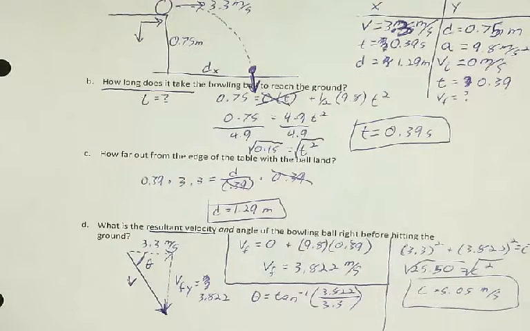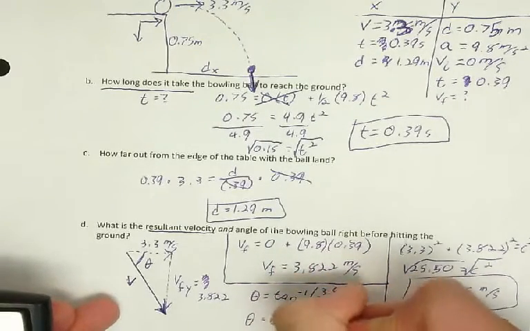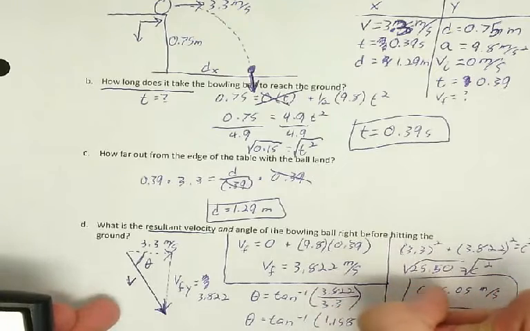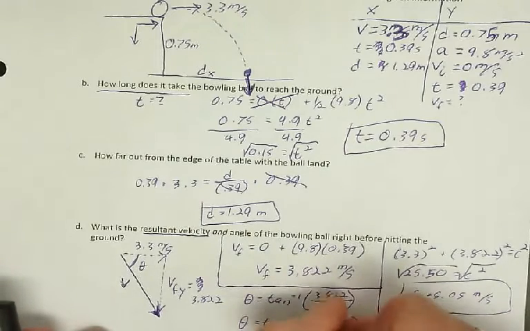So 3.822 divided by 3.3 is 1.158. Yes. How do you tell, wait, what was it, 1.158?